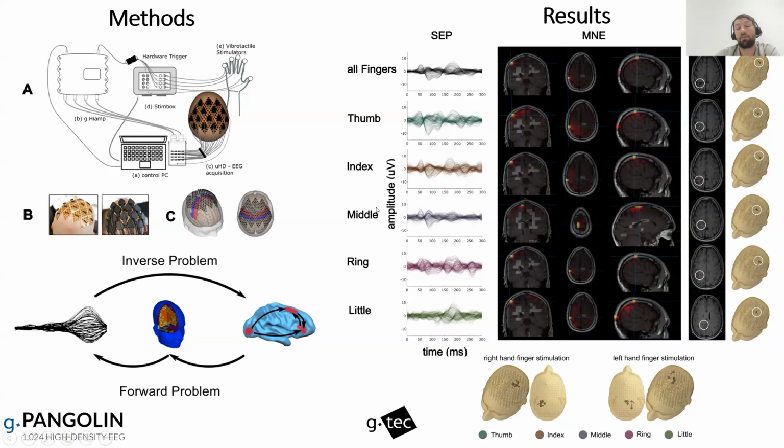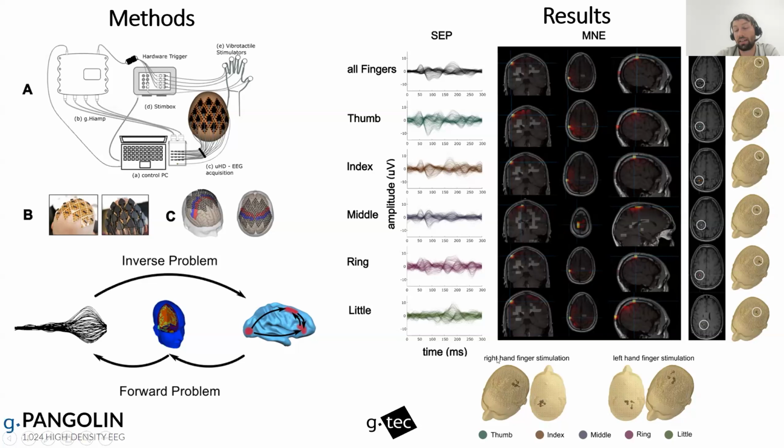In this case, we used the FieldTrip toolbox with MNE and the dipole fit approach. And so you can see clearly the spot on the contralateral side, because we stimulated on the right side, and also different spots for different finger stimulations. And I superimposed all the dipoles from the source reconstruction in one slide.